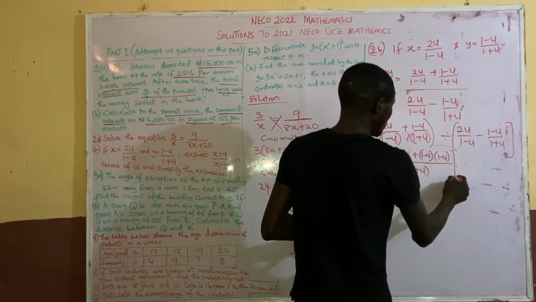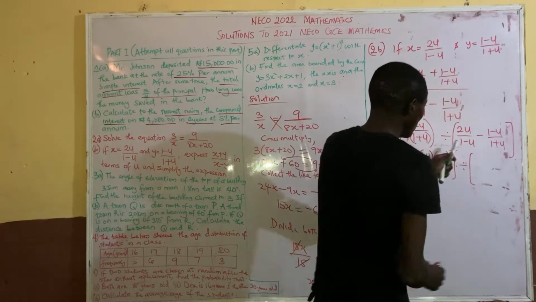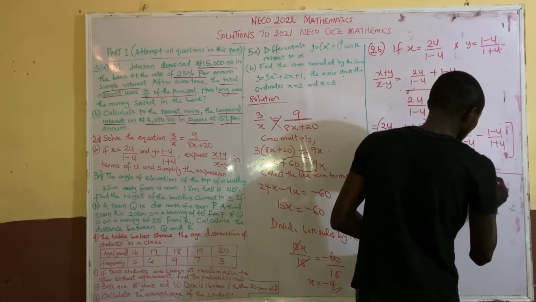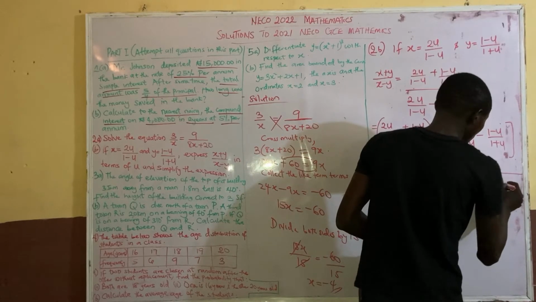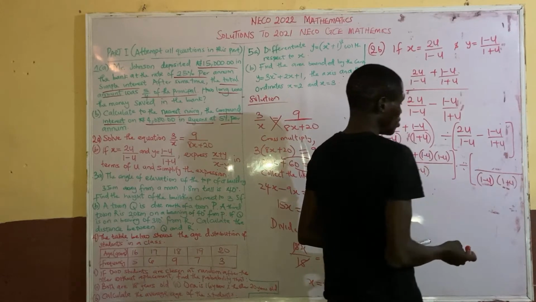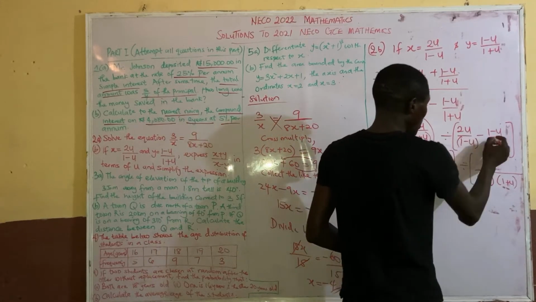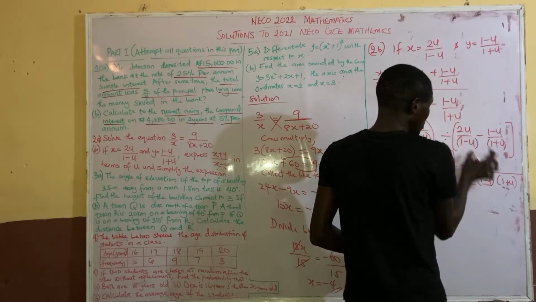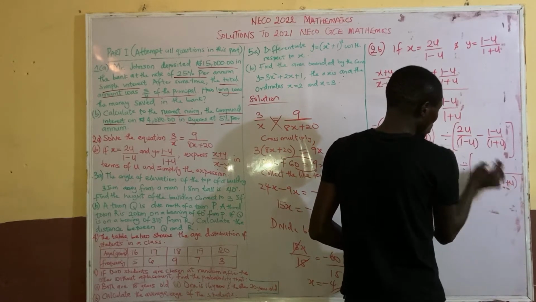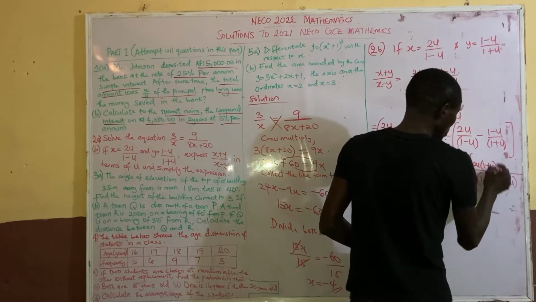So you close this bracket like this, divided by, to avoid confusion, the LCM is still 1 minus u, 1 plus u, because they are different. So the LCM is both terms. So this one cancels out. It means 2u multiplied by 2u into bracket 1 plus u.